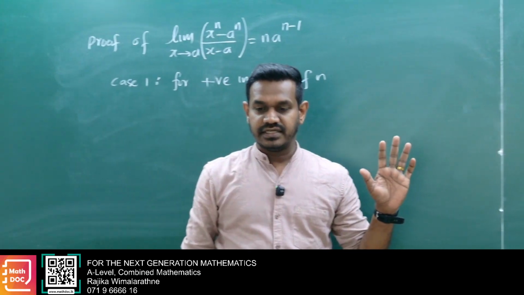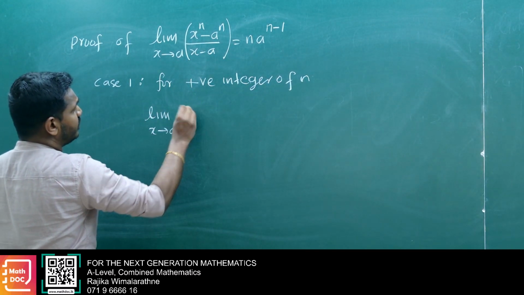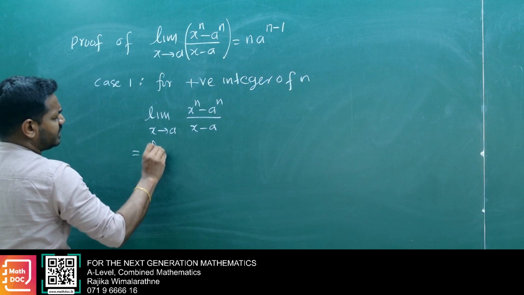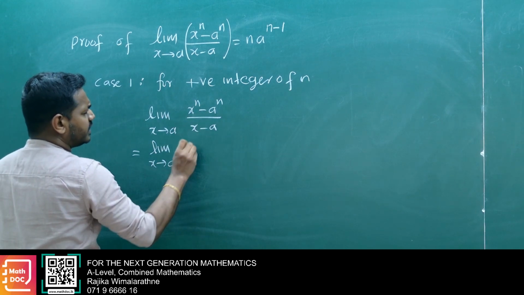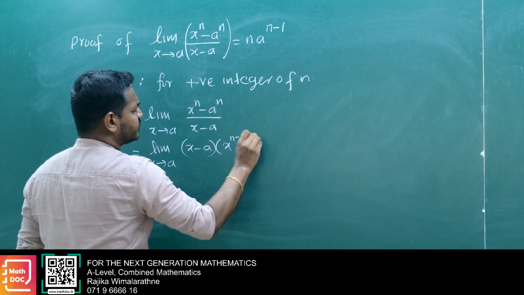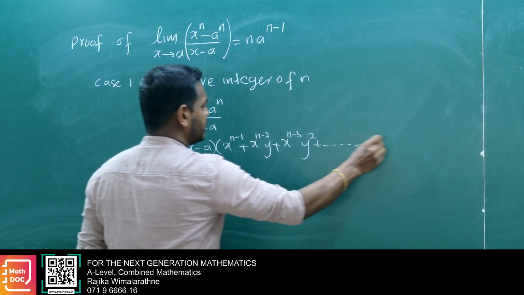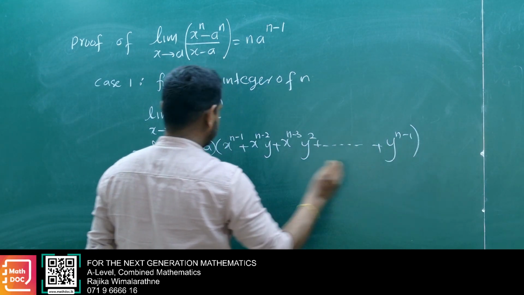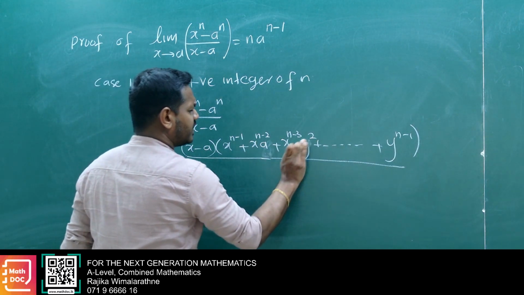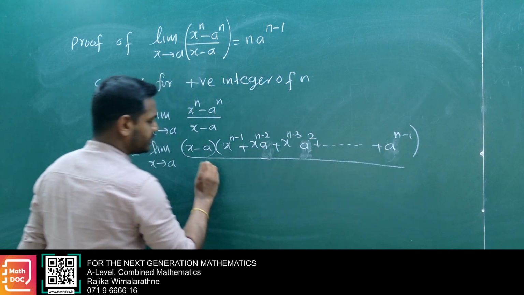Now for positive integers. See. Limit x goes to a, x to the power n minus a to the power n over x minus a, equals limit x goes to a of x minus a times x to the power n minus 1, x to the power n minus 2 a, x to the power n minus 3 a square, it goes like that, up to a to the power n minus 1, over x minus a.